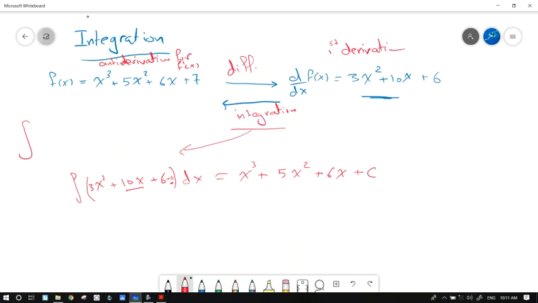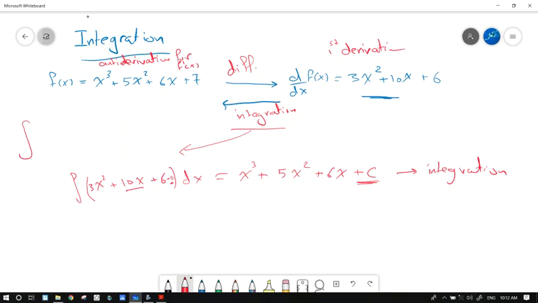So I write c instead of 7, because I don't know that its value is 7. It's very important, don't forget this constant, because your integration will not be complete. This operation I did is called integration, simply.